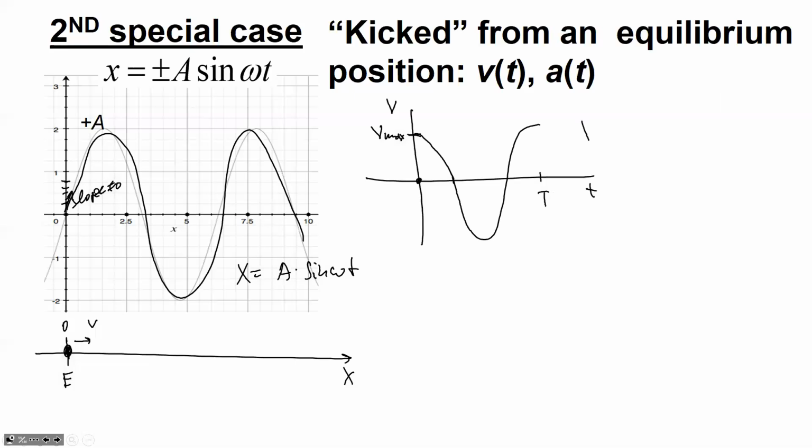So this is actually a graph for a cosine: Vmax times cosine omega t, and we know that Vmax should be equal to amplitude times angular frequency. And again, to get the graph for acceleration, just flip the graph for the position.